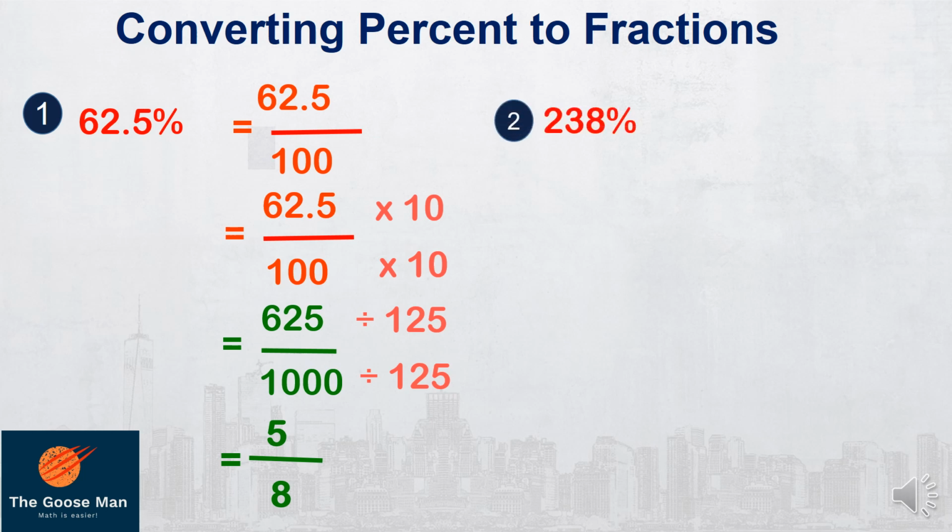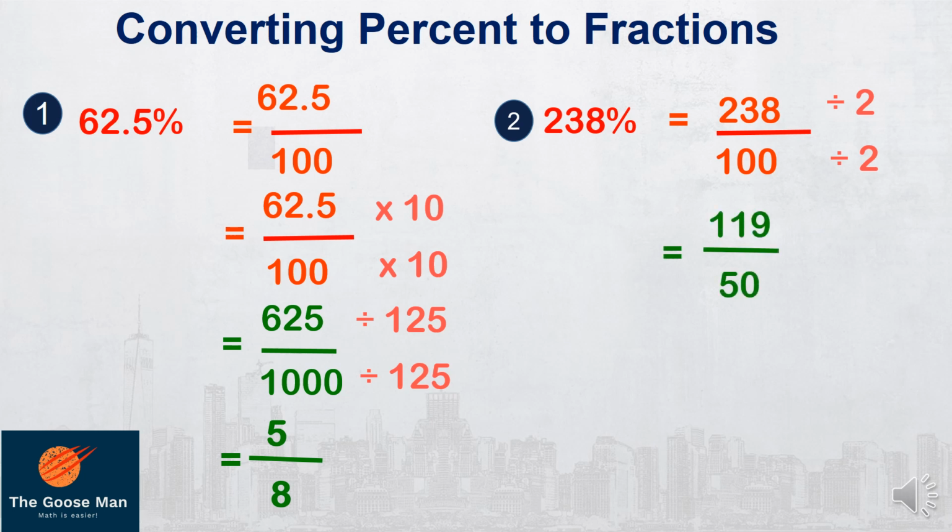Another example is 238%. This can be rewritten as 238 over 100 and reduced if possible, which is divisible by 2, both numerator and denominator. So I have here 119 over 50 or 2 and 19 over 50.